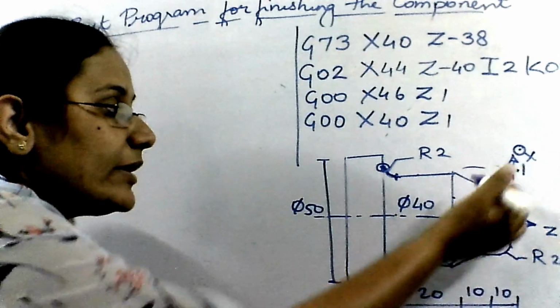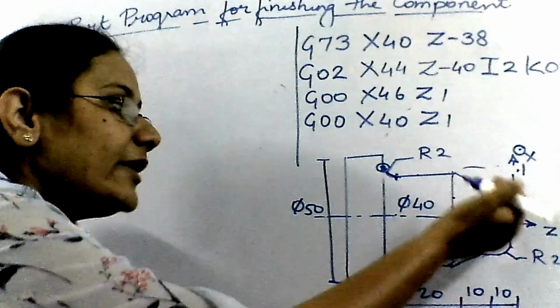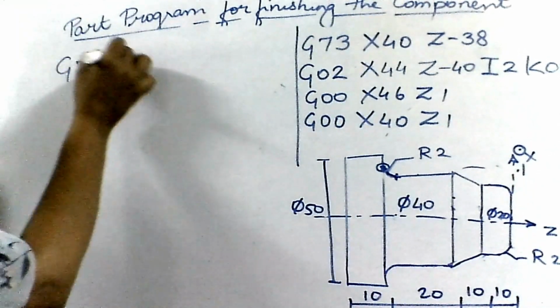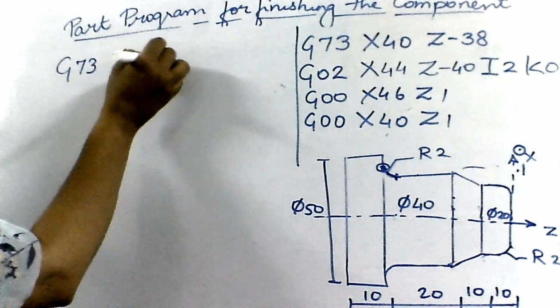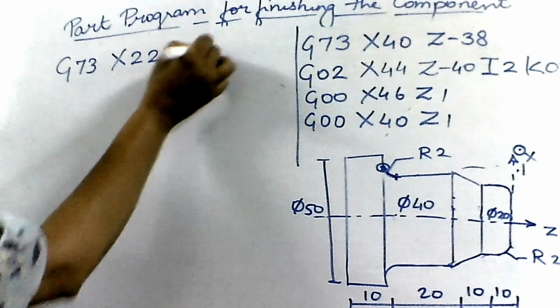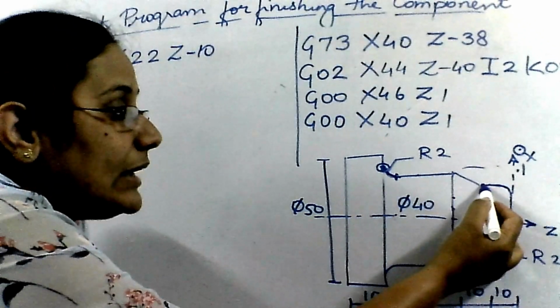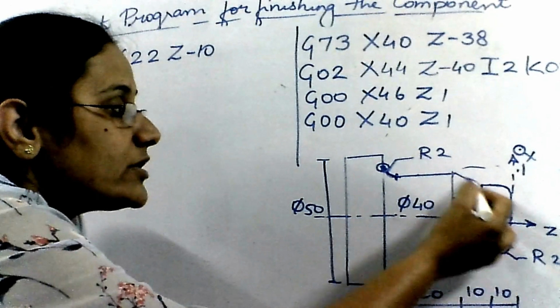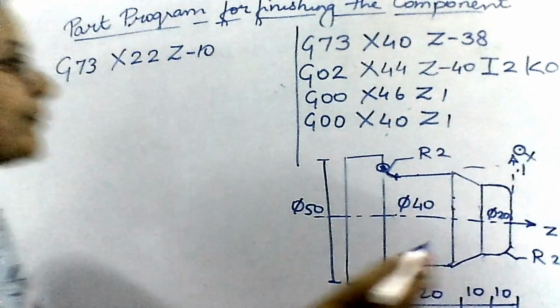Same way here also we will be reducing this to 22 and then up to 20. So it would be X22 and Z would be minus 10. I have to come up till here only. Since this is the slant portion, I have to keep material over here.